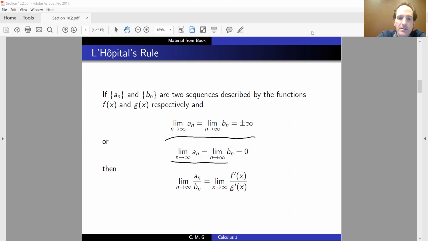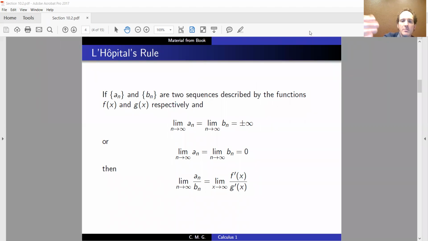Or if both of those sequences go to 0, then the limit of the quotient of the two is the limit of the quotient of the derivatives of the functions, and this has changed to an x, right? So as x goes to infinity, if I have the limit of the derivatives, then I can find the limit of the originals as well.